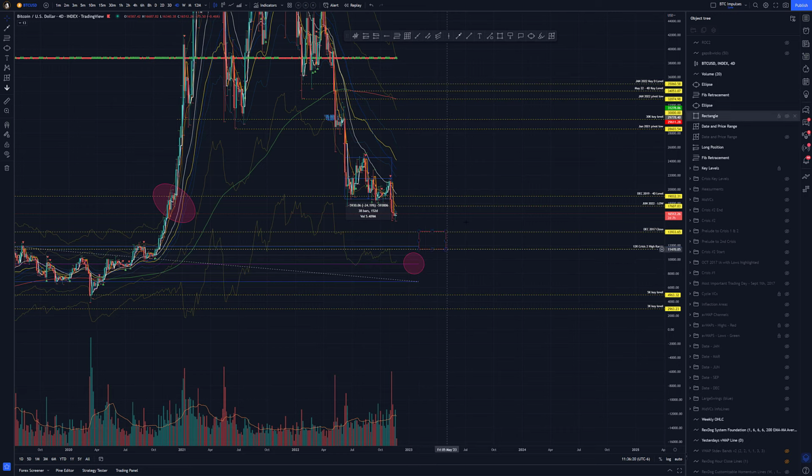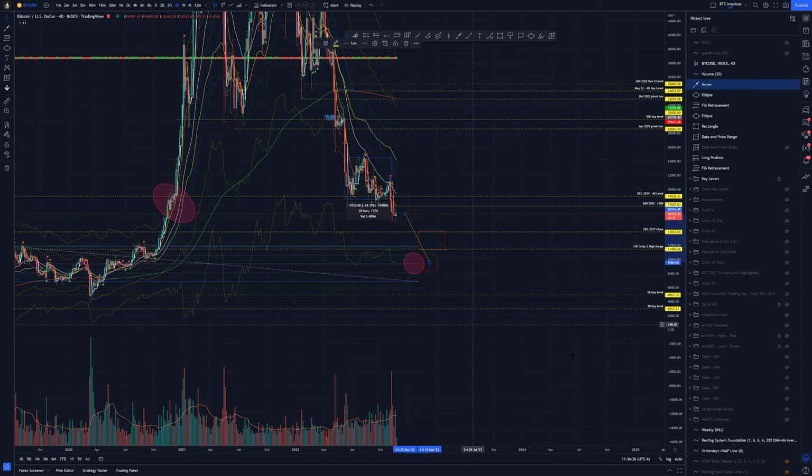So it's going to probably come down and tag this level. Ideally, for a good bull run, for it to set up what will become the next new all-time high, and it could be 1 to, I don't know, 10 years, who knows, with Bitcoin, it can't stay down here that long.